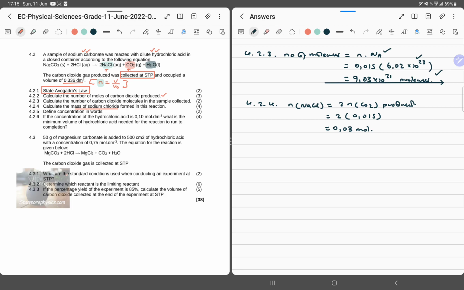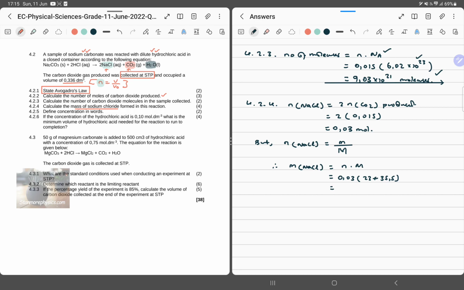We know that the number of moles of NaCl is equal to the mass divided by its molar mass. So the mass of what we produced is going to be the number of moles multiplied by the molar mass. This is 0,03 into the molar mass. Sodium is 23 plus chlorine, that is 35,5.